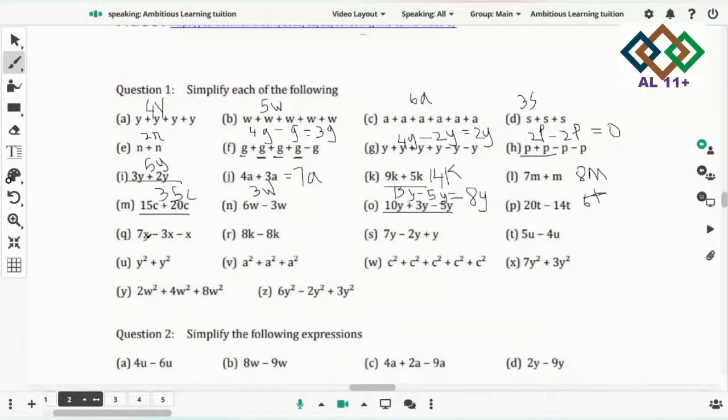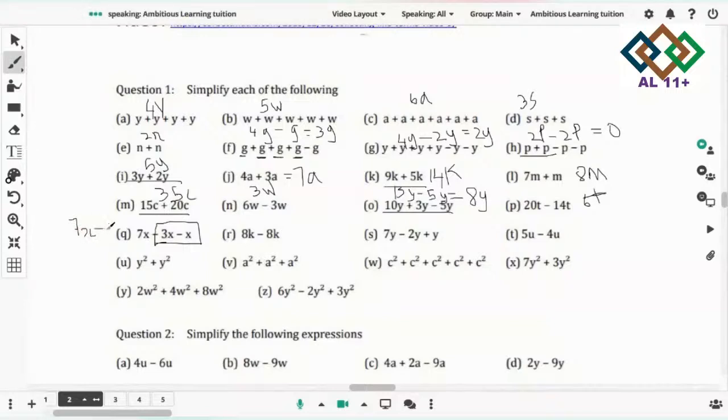You have 7x minus 3x plus x. So first of all, because you have two of them, you're adding them up, that would be 4x. So you have 7x minus 4x.